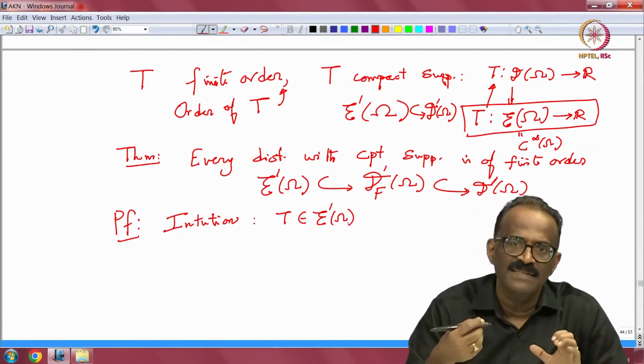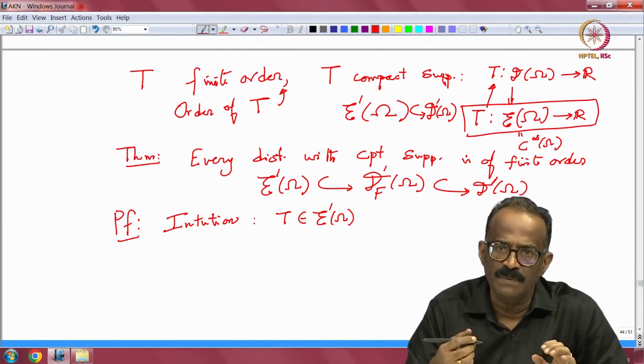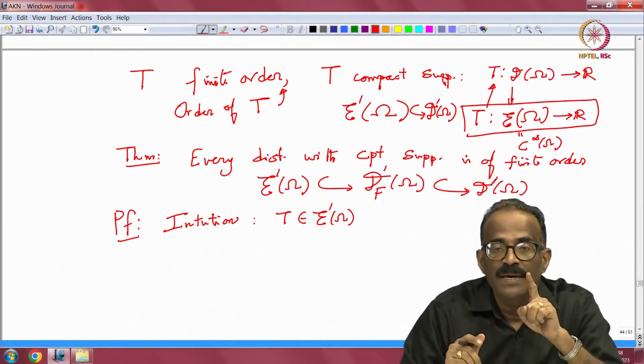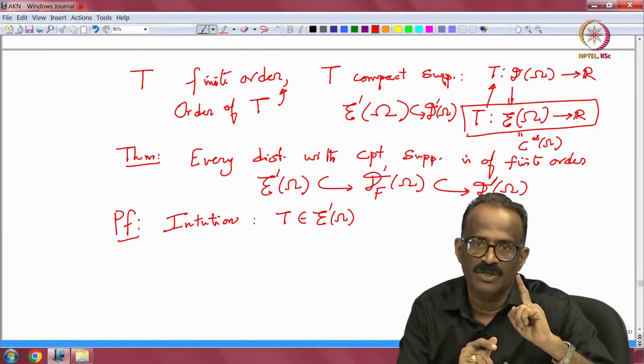When T is a distribution with compact support, you recall the continuity estimate.